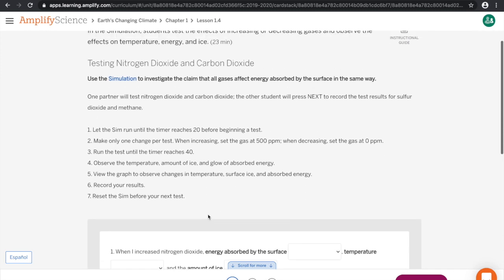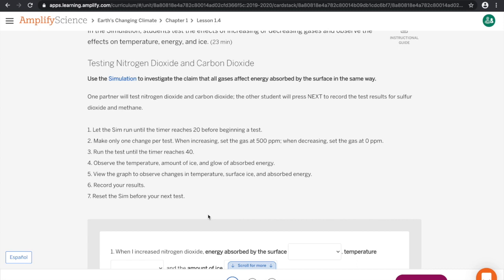So we're going to run all of the tests on all of the gases, but the first ones they introduce are nitrogen dioxide and carbon dioxide. We've talked a lot about carbon dioxide in the past when it came to our bio unit on ecosystems.